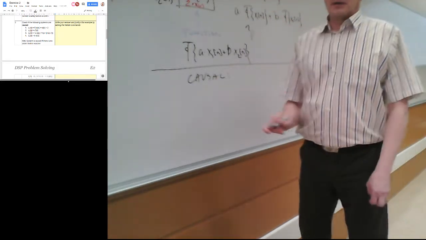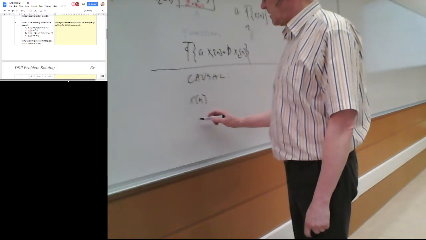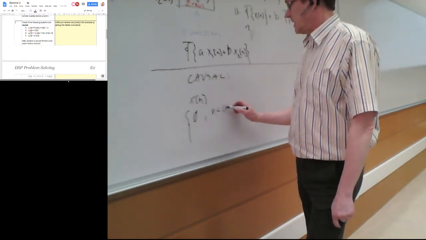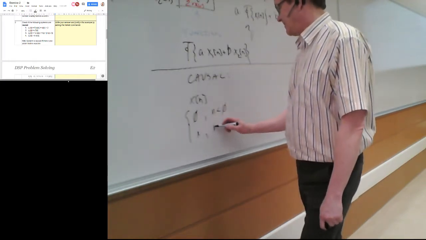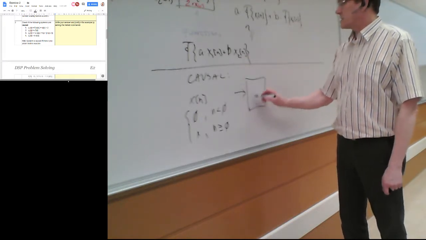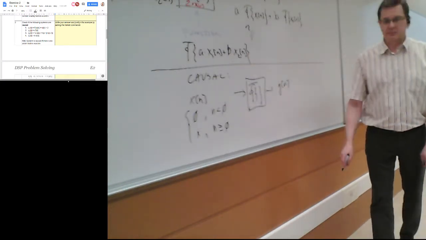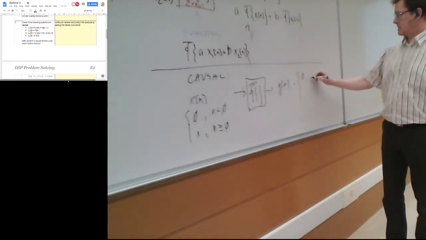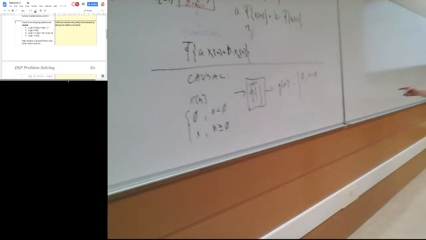Practically, what it means is that if you have an input which is 0 for all negative n values, and whatever when n is greater than or equal to 0, then if you feed that into your system, your output must also be the same, meaning there cannot be any response of the system before the input comes.